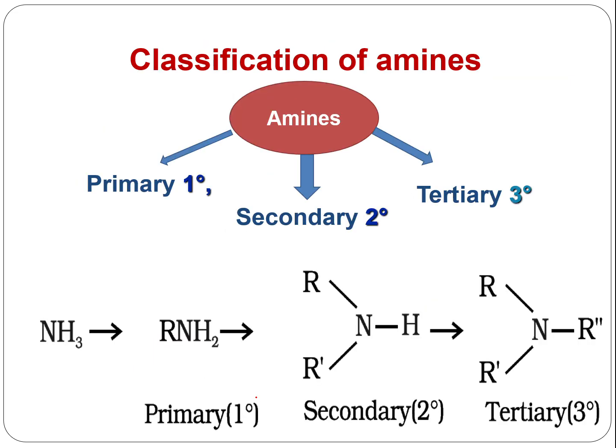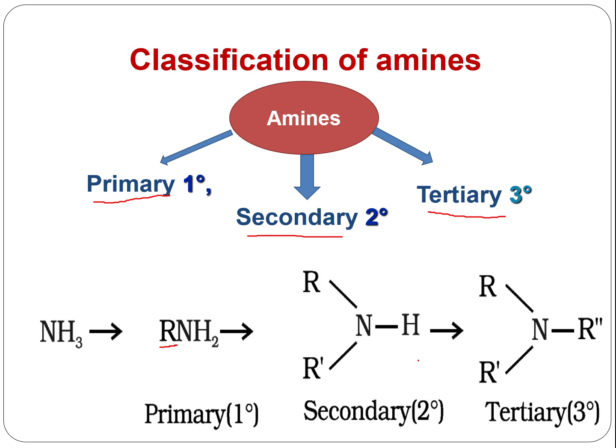Now coming to the classification of amines, amines are classified into three types as primary, secondary and tertiary amines. Primary amines means only one hydrogen of the ammonia is substituted by an alkyl group or an aryl group.